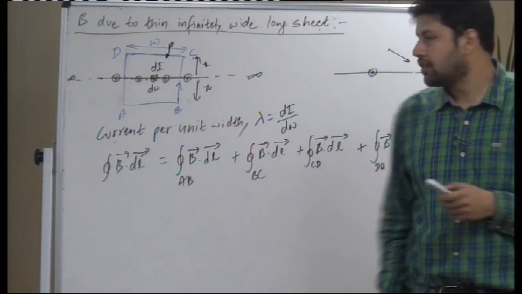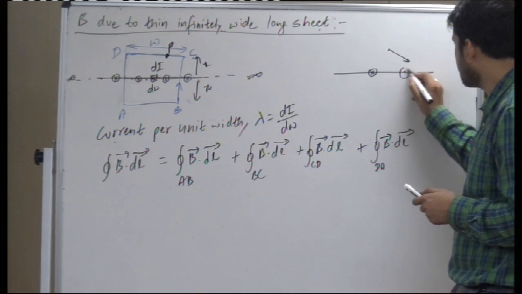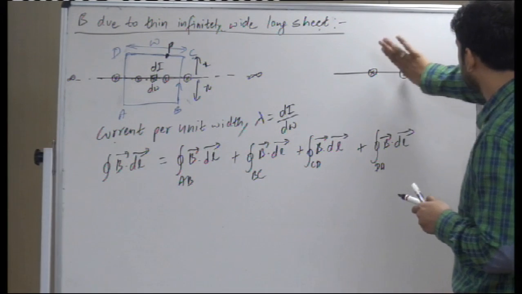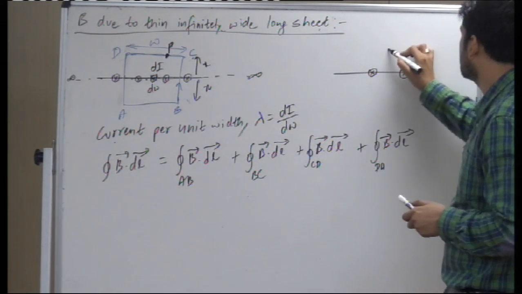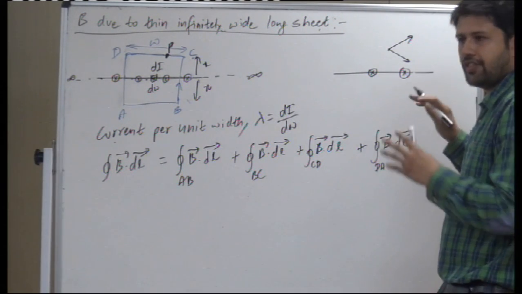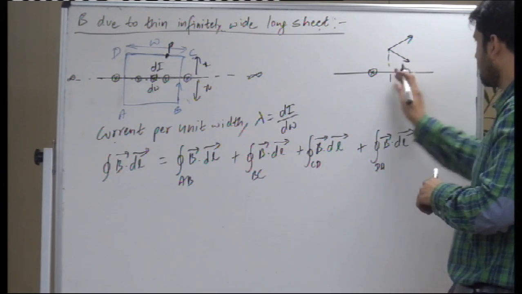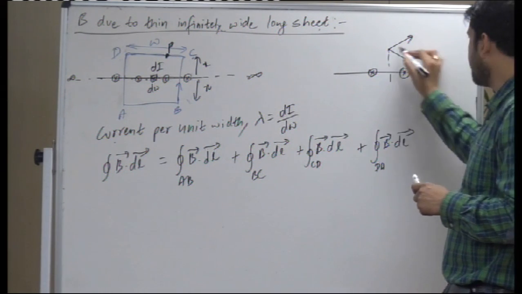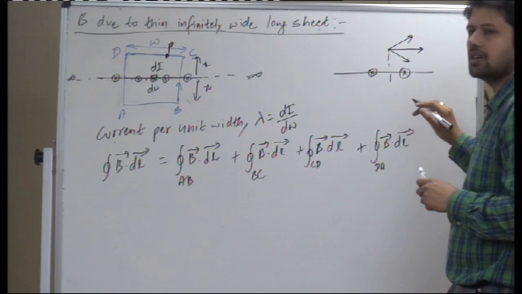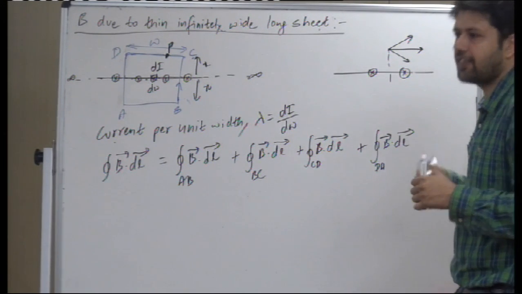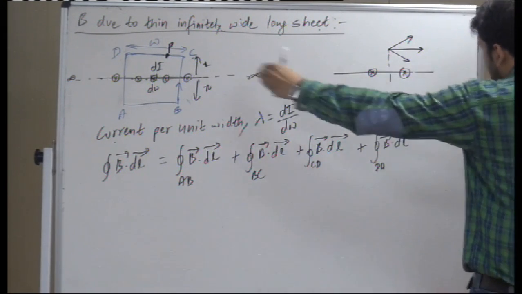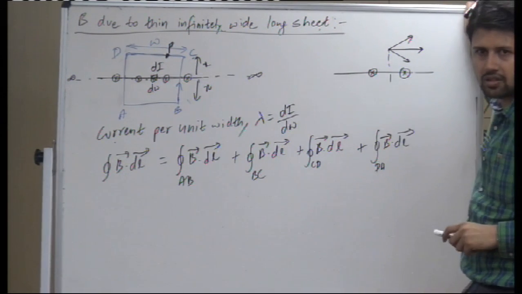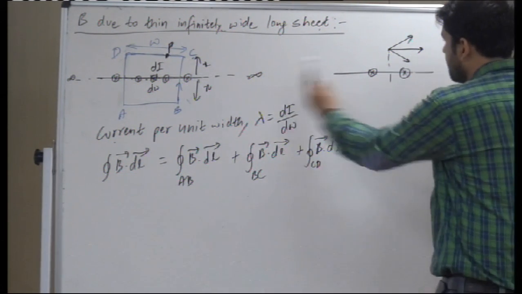We have another portion, the field produced by this portion would be like this. So if we take symmetrical portions on both sides, the net field would be like this, and an infinite sheet would have infinite number of symmetrical portions everywhere.